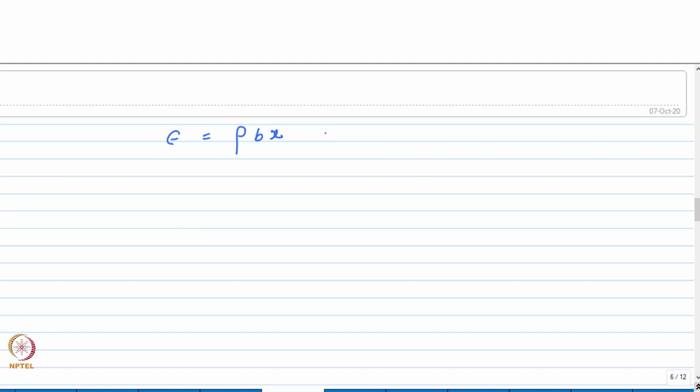So if you replace x over here, you would get this, in terms of the grain size d, okay? So from here we can write rho in terms of the strain and the grain size as epsilon by b beta into 1 by d.